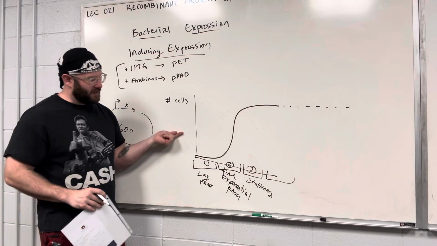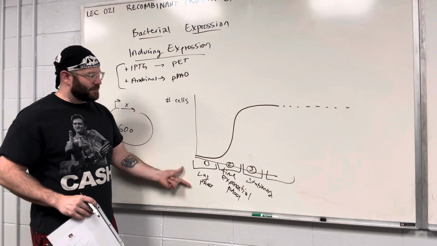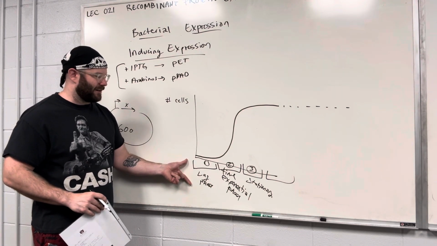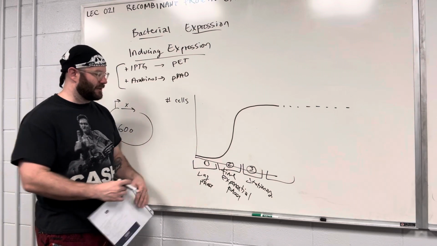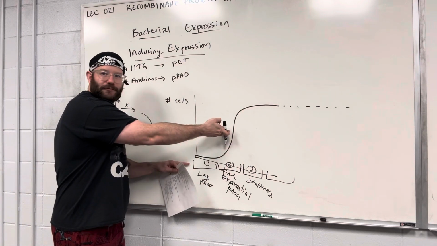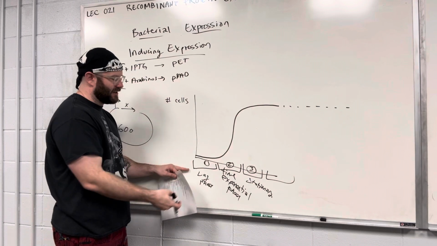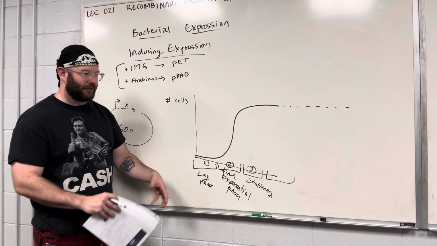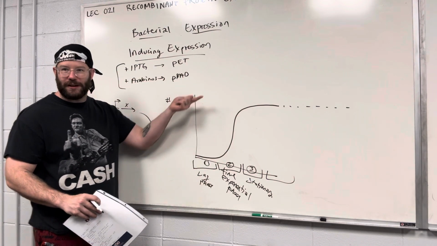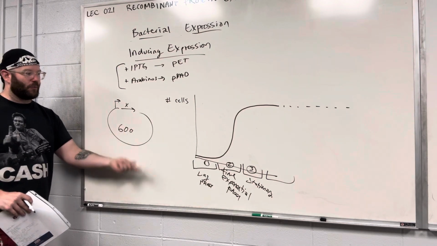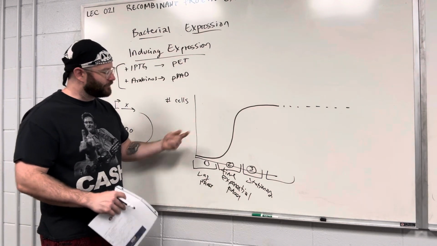So if you give the inducer in lag phase, it shifts metabolism so that you will not get good reproduction. You'll never get a good yield because you don't have enough cells. Essentially if you add it too early, you're creating a fight between reproduction and producing your protein. So you want them to be able to reproduce enough.